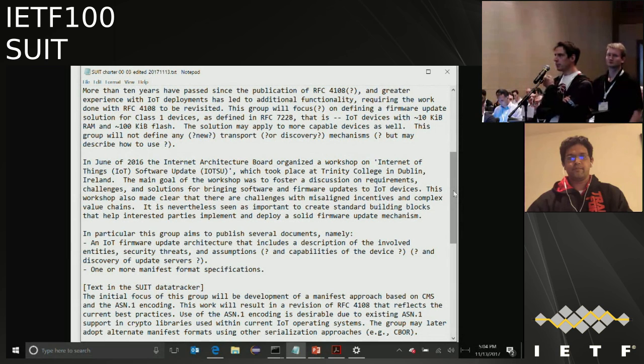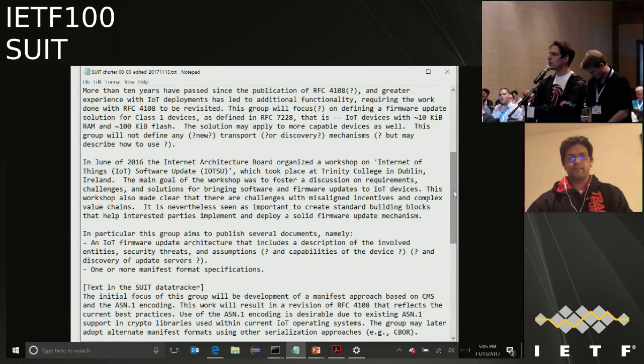Okay, I'm trying to refer to Sean's comment earlier that the IoT manufacturers don't care about what this group says. This group doesn't yet exist, so it's obviously difficult for them to care about it. So far on the mailing list, we had a couple of people who produce IoT operating systems, and they seem to care enough to participate.